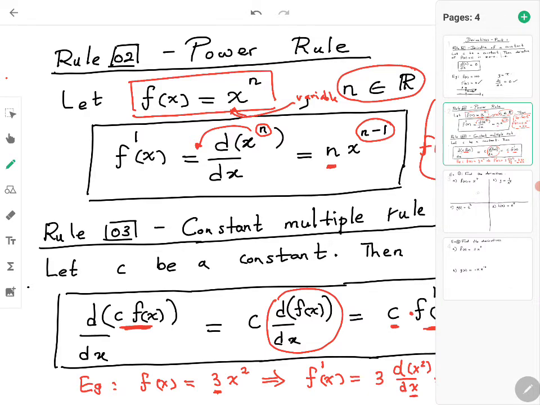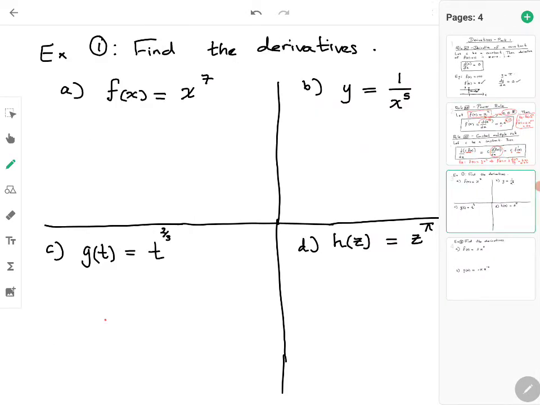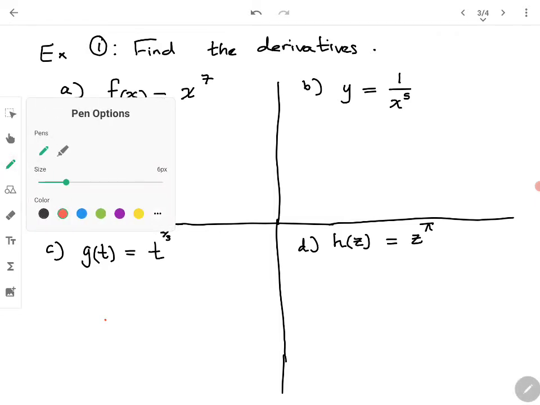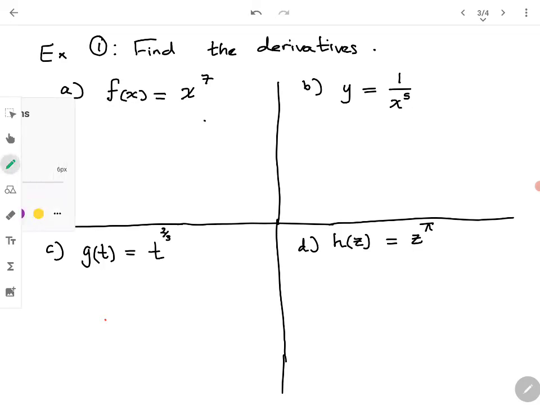Okay, so let's do a few more examples of this. This one is in the power function form. f(x) is equal to x to the 7th. When you have a power function, to find the derivative, the first thing you do is bring the power down.